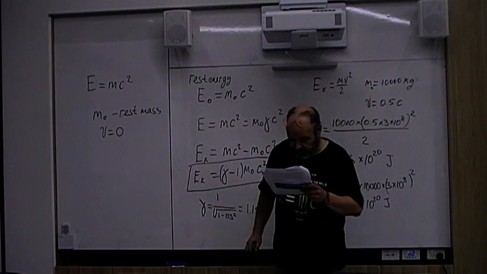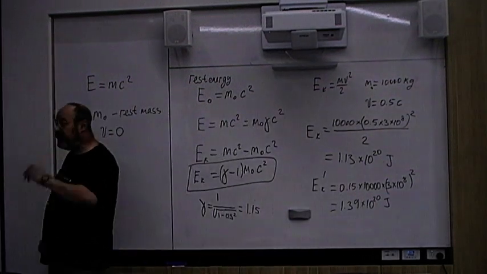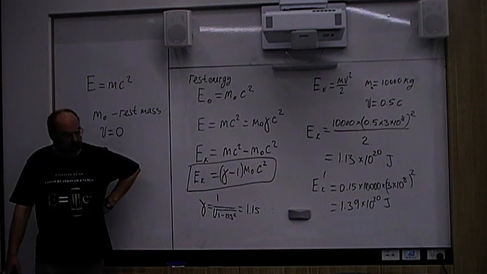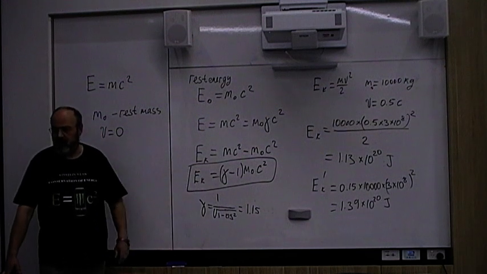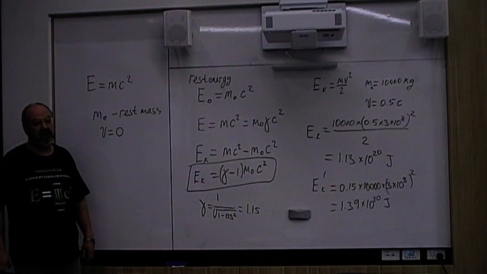No, it's minus 1, gamma minus 1. 0.15 will give 1.39 times 10 to the power of 20.